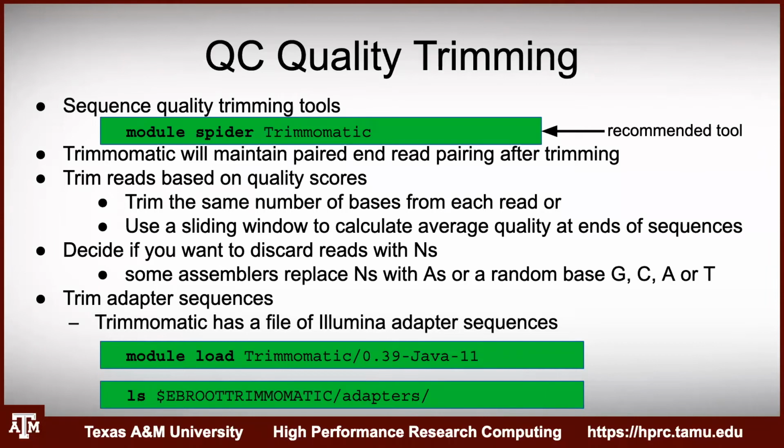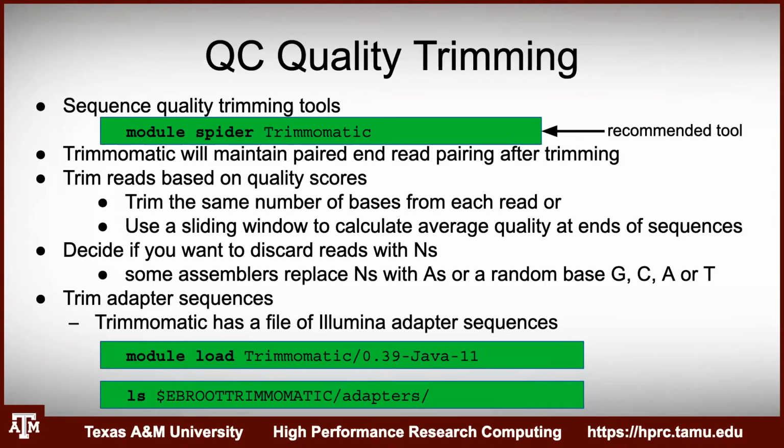And so it ends up throwing off the files, because your forward reads may have more reads than your reverse, right? Because some of your reverse reads got completely trimmed out. That's going to throw a huge error for the assembler or for the mapper. So you want to make sure you're using a tool that maintains that proper pairing. And so Trimmomatic and Cutadapt both will.